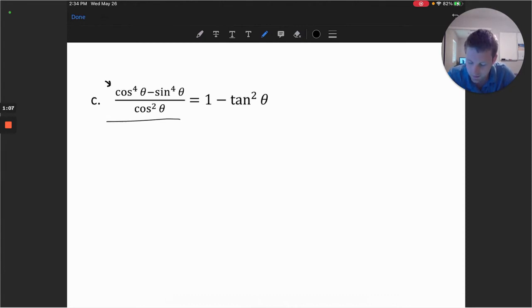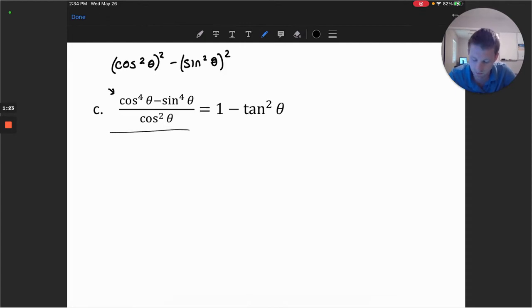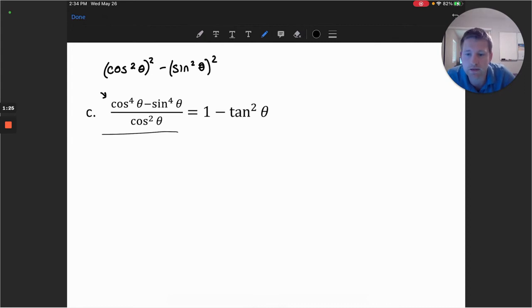So let's consider this as a difference of squares where we have cosine squared theta, quantity squared, minus sine squared theta, quantity squared. The first item in our difference of squares is cosine squared, and then we have a sine squared in the second position.